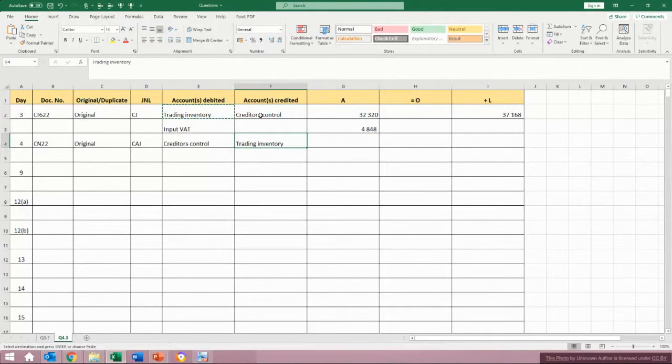Where do we take the VAT amount? So for the first transaction, we showed that when we purchase inventory, there was a VAT implication. Now, if you return inventory, there's also a VAT component. Where do you think the VAT will go?